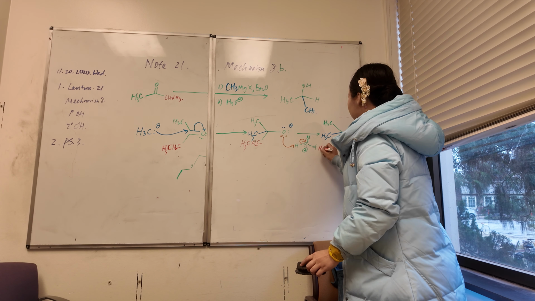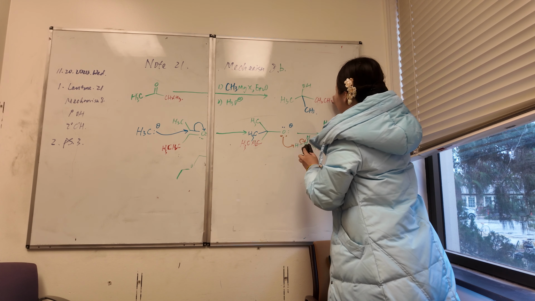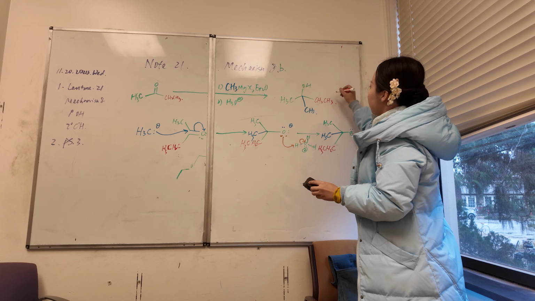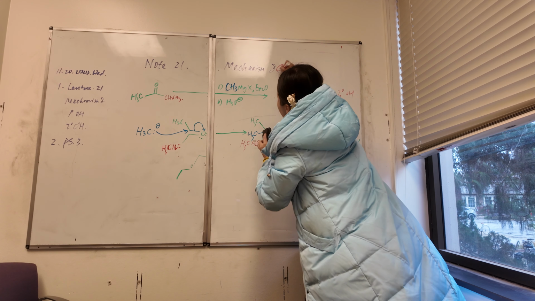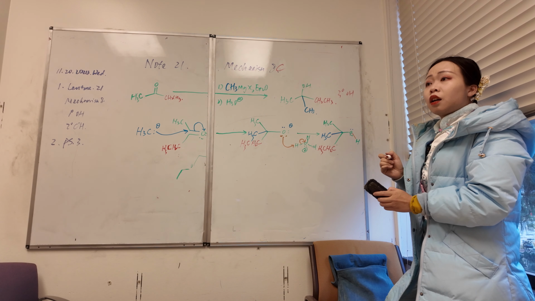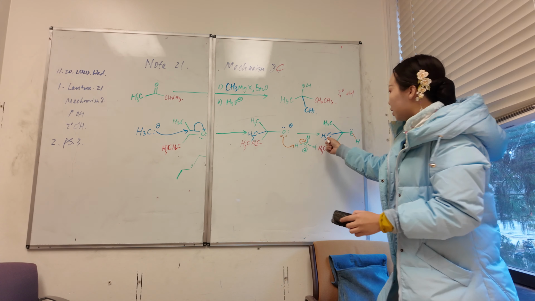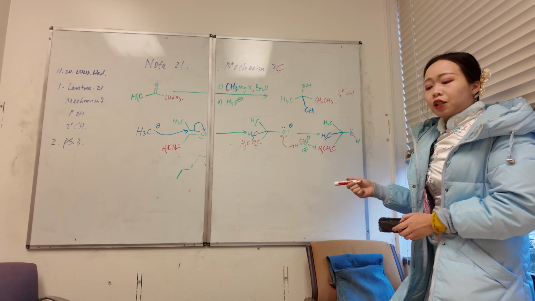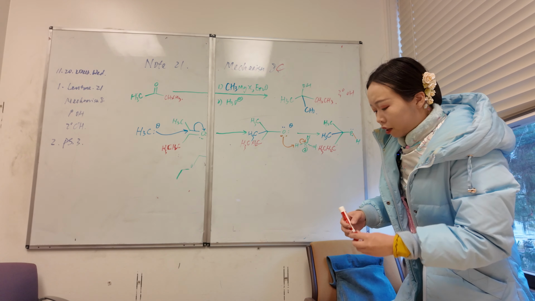CH2CH3, and here CH2CH3. Now it's 1, 2, 3. It's a tertiary alcohol. So now it's 8c. Are we good? So primary, secondary, tertiary, basically it's the same thing. There isn't that much difference as long as you do not change the one in the middle. Are we good? All right.